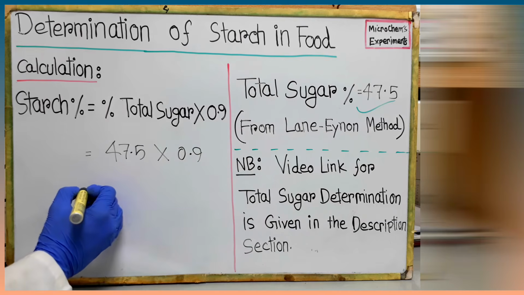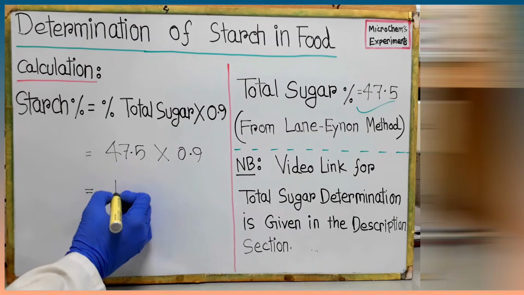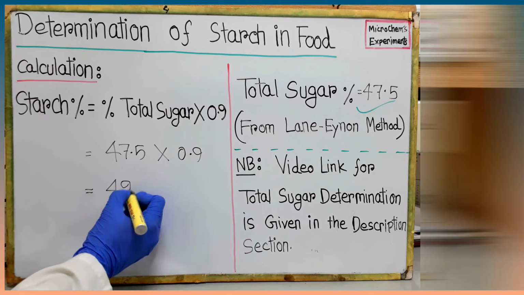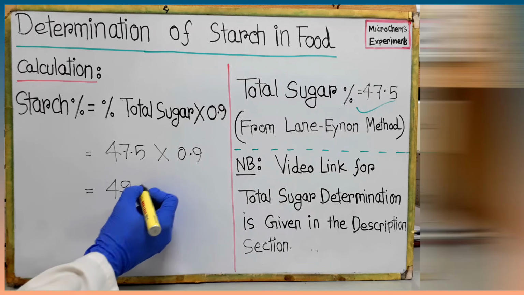By solving the equation given on the left side of the board, we get the total starch percent of our sample, which is 42.75.